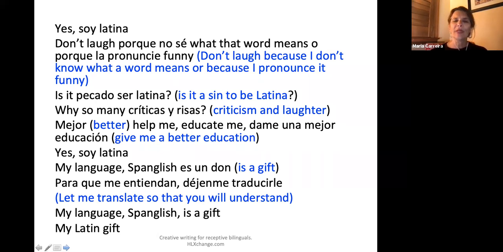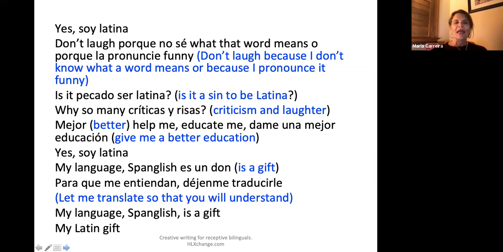Mejor help me, educate me. Dame una mejor educación. Yes, soy Latina. Spanglish es un don. Para que me entiendan, déjenme traducirle. My language, Spanglish, is a gift. My Latin gift.